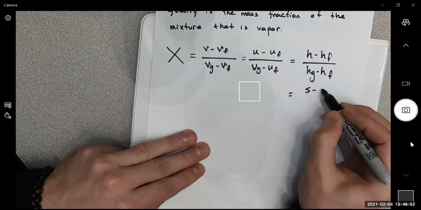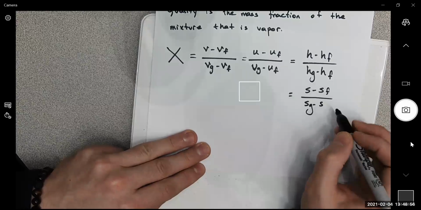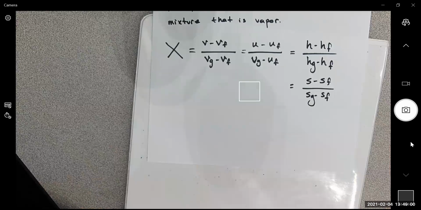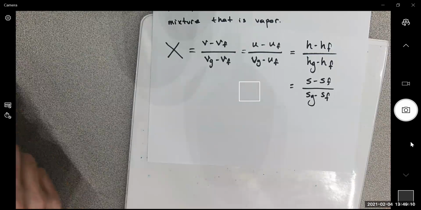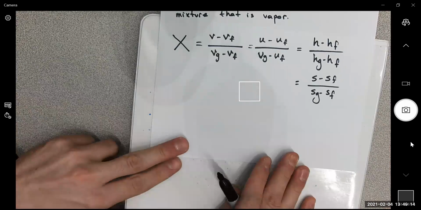Entropy will be S minus SF divided by SG minus SF.